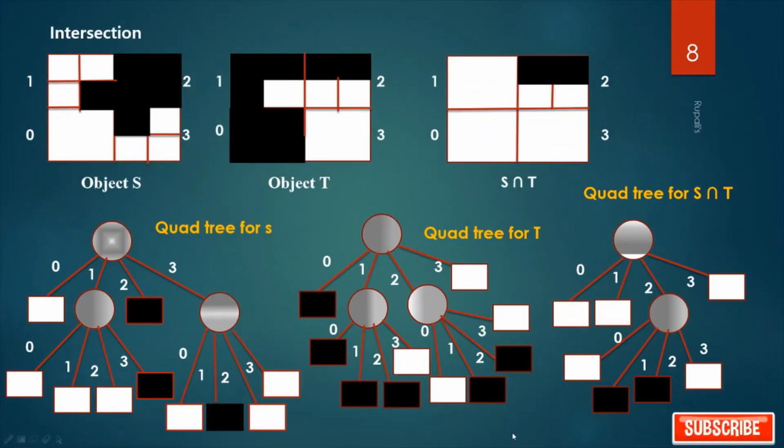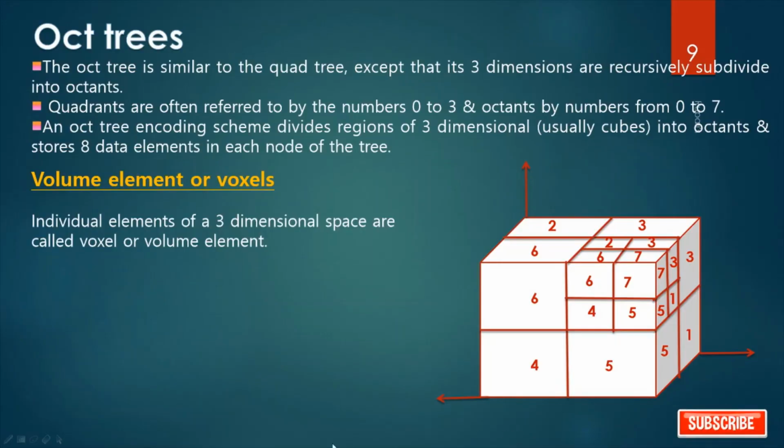Now, you have to learn another thing, that is what is an octree. Octree is similar to the quadtree. In case of quadtree, it is 2-dimensional. Octree is 3-dimensional. That is, here 3 dimensions are recursively subdivided into octants. So in case of quadrants, if we start numbering, it is 0, 1, 2, 3.